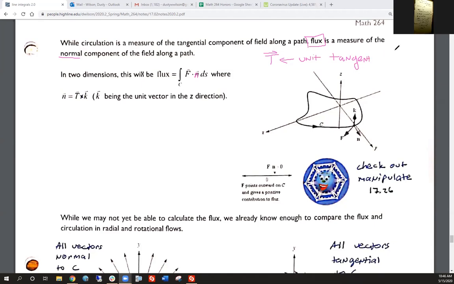Position over magnitude? Well, I think it would just be r prime over magnitude of r prime, so it's not quite position, but close. Here, this is not the unit normal vector.